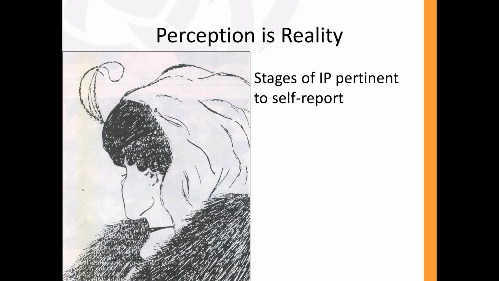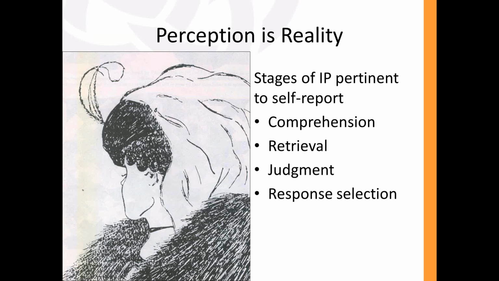There are a number of stages through which we basically build up these perceptions. The first is comprehension, then there's retrieval, judgment, response selection, and finally response execution. And I'm going to talk about each of these in turn very quickly to demonstrate what kinds of information processing are implicated in a process that may appear as simple as just checking a mark in a survey item.